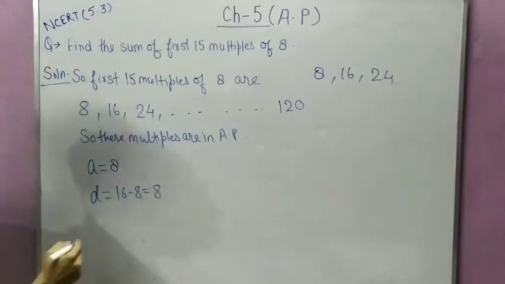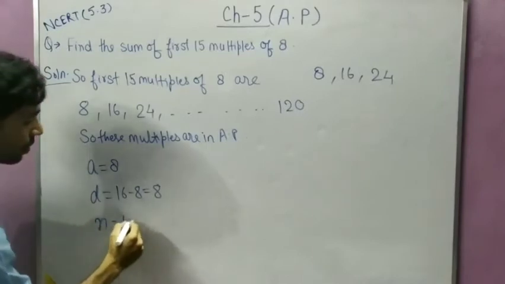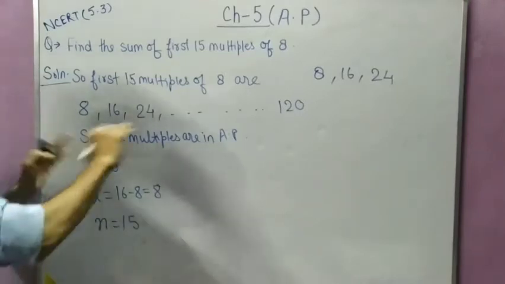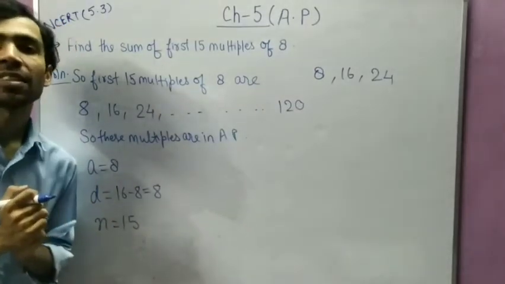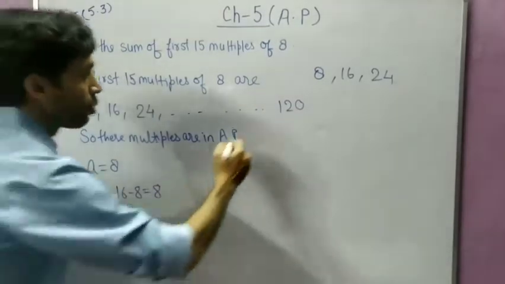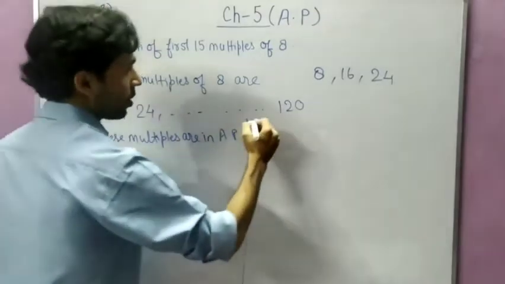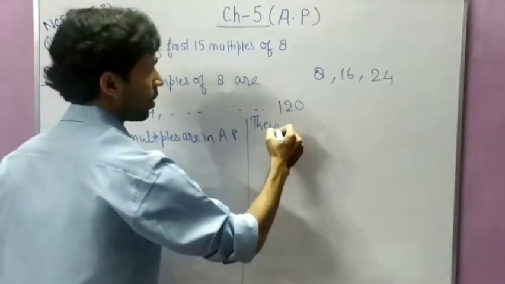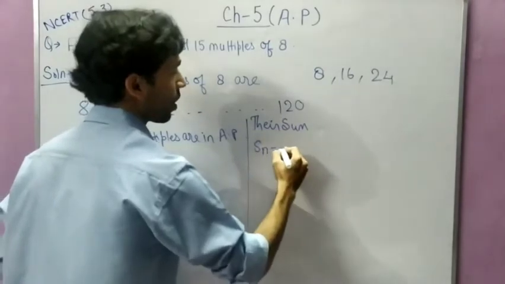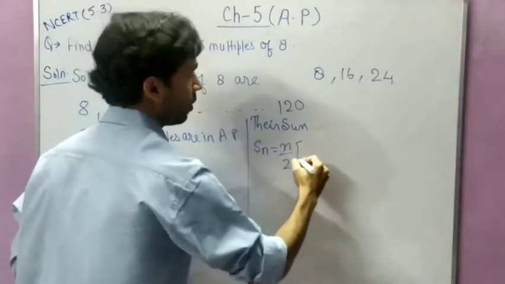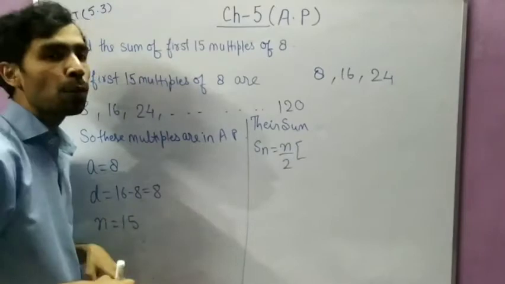And how many multiples have we written? That is 15. We have to add all these multiples so that we can get the sum of the first 15 multiples. So their sum, that is Sn, equals n by 2 in bracket, any formula you can use.